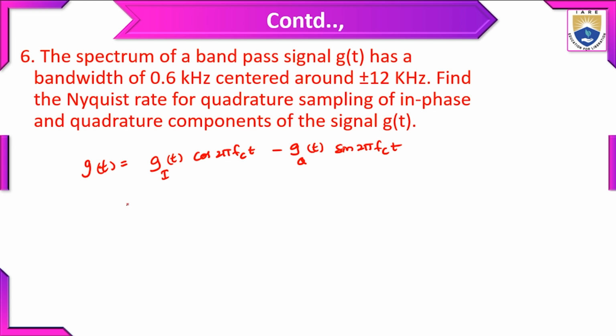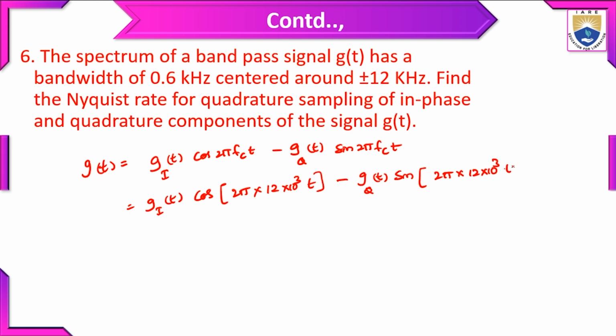Okay. So g I of t into cos of 2 pi fc, where fc is given as plus or minus 12 kilo, taken as positive, minus g q of t sine of 2 pi fc, here also 12 kilo.